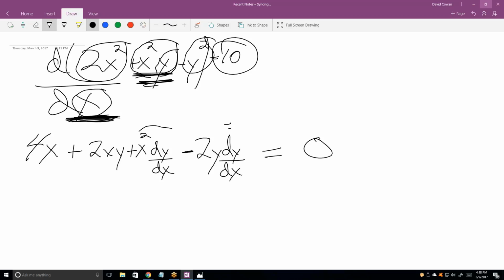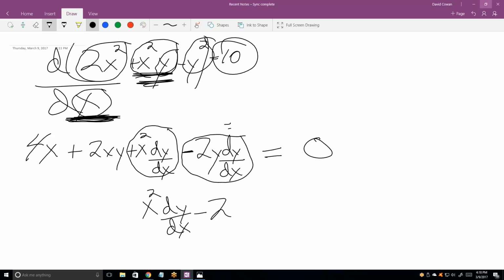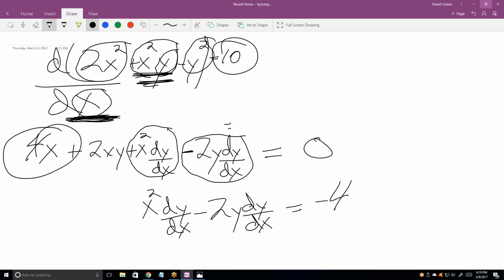So I've got this term that has a dy dx in it. I've got this term that has a dy dx in it. I'm going to leave that on the left side of the equation, and I'm going to move everything else to the right side. And you'll see why here in a minute. 4x does not have a dy dx. Move it over there. That does not have a dy dx. Move it over there.